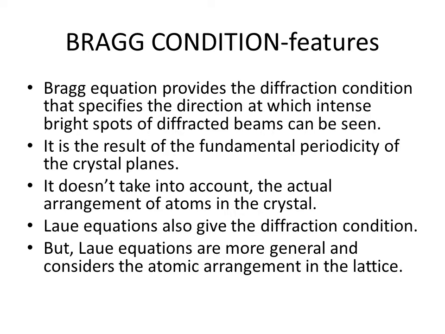Both give the condition for diffraction, that is, the condition for getting bright spots in diffraction. Whereas the Bragg equation takes into account the periodicity of the lattice planes, Laue equations are derived by taking into account the periodicity of the lattice points, or how the atoms are arranged in each of these planes. That is why we say Laue equations are more general than the Bragg equation.